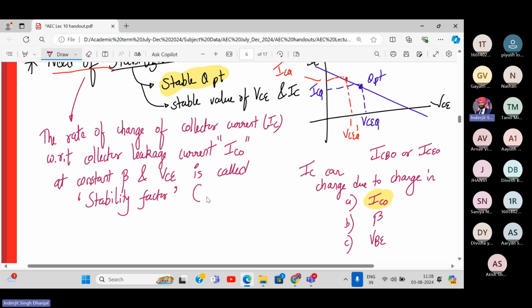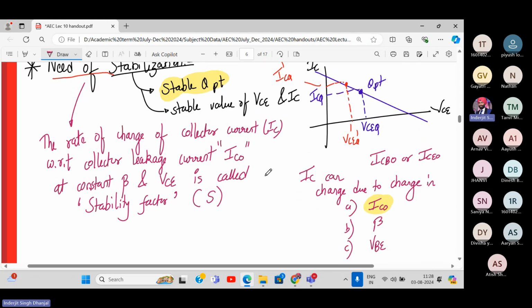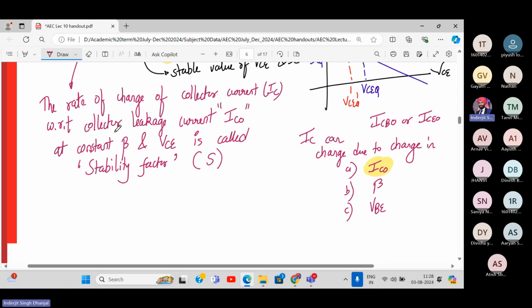Stability factor is denoted by capital S. The rate of change of collector current with respect to collector leakage current ICO at constant beta and VBE is called stability factor. This stability factor is only with respect to ICO, so we can write S ICO. Some people write it only S also.